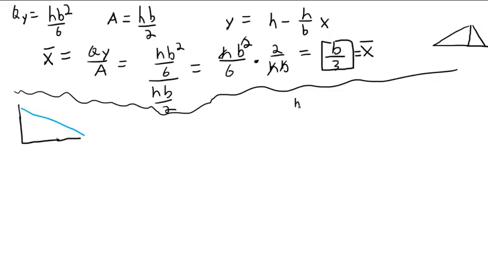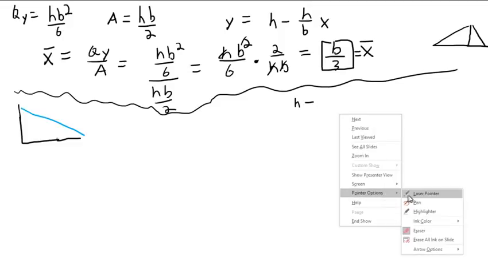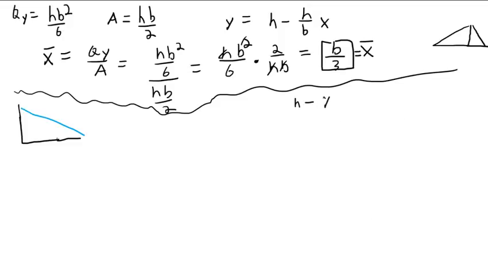So we get h minus y equals h over b x, and then x equals b over h times h minus y, or simply b minus b over h y.